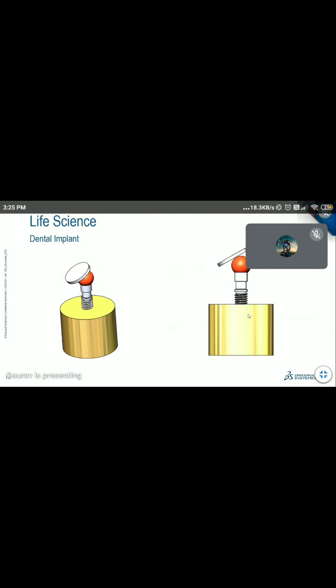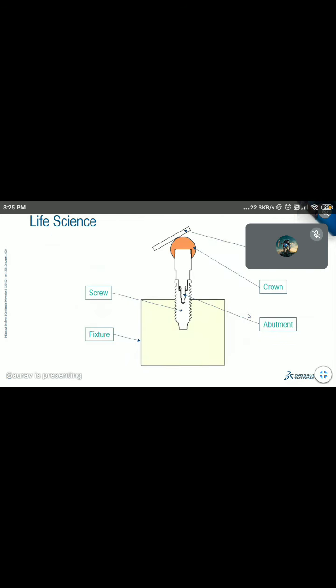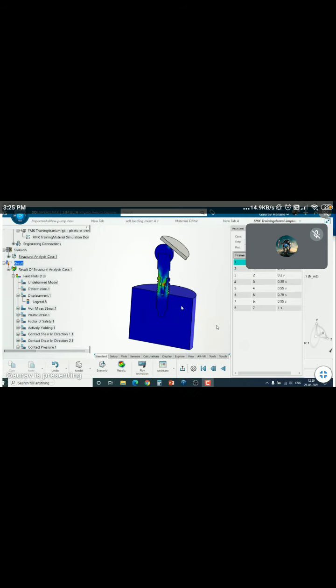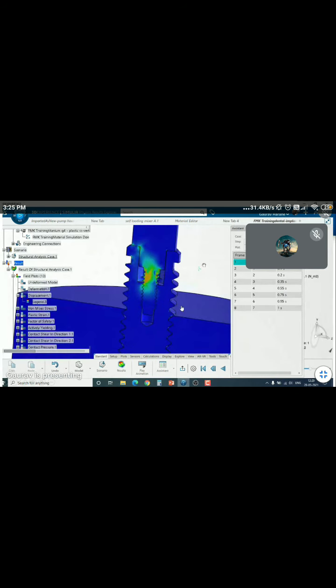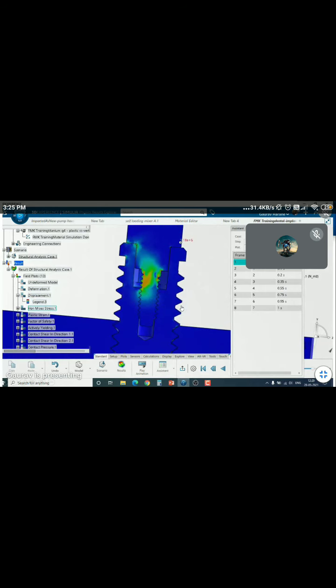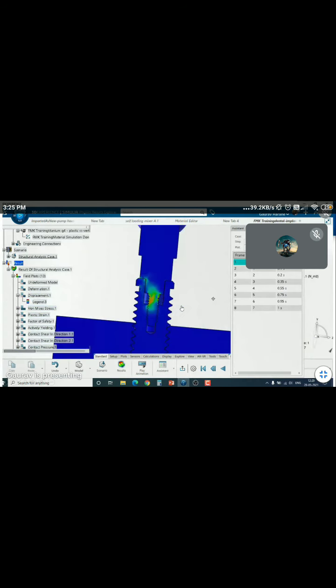This is an example of a small dental implant that I have done, which is used by dentists, correct? So they apply the weight on this crown to check the rigidity of the screw, whether it is taking up the load or not, correct? So this is my user interface of this cloud simulation tool where you can check the results.